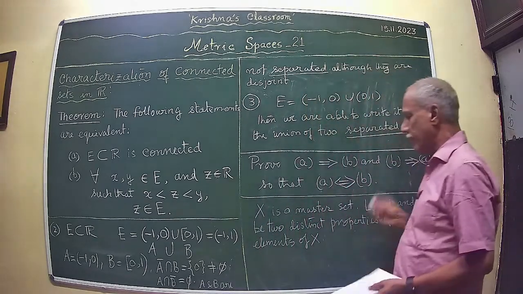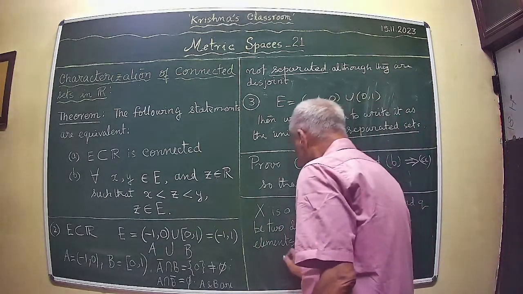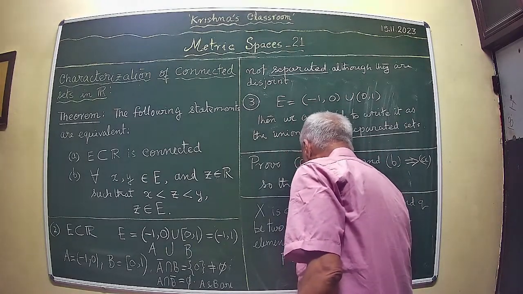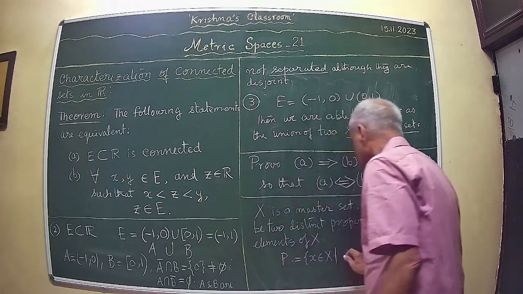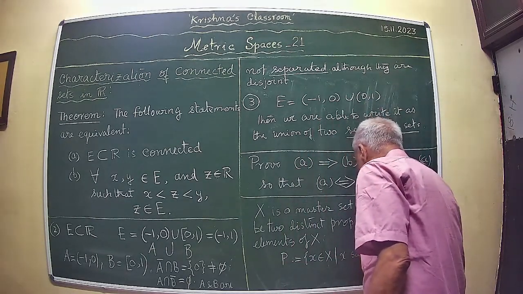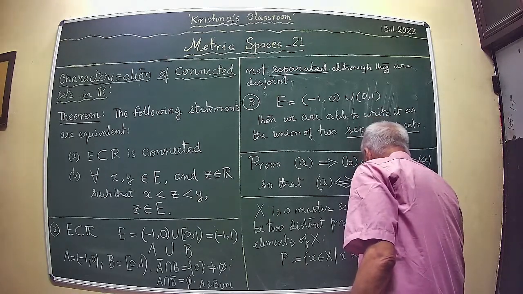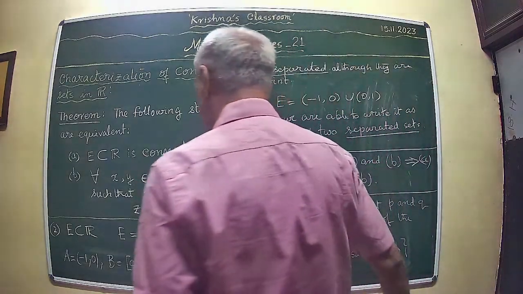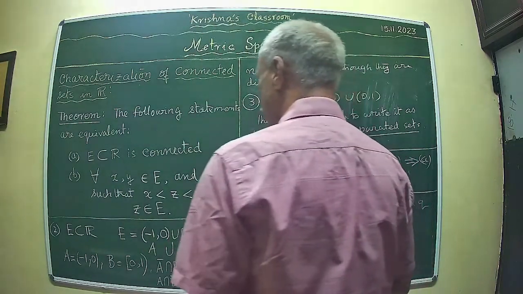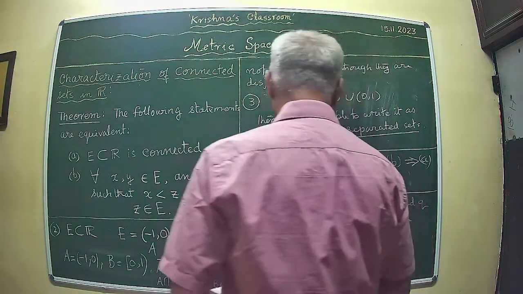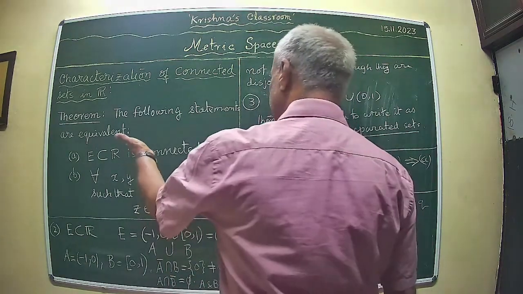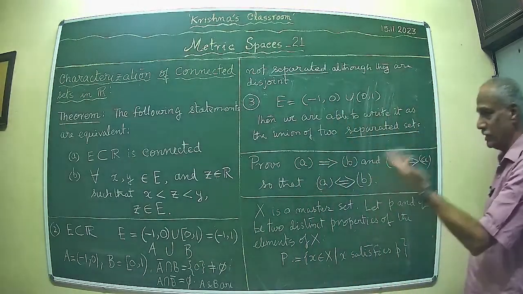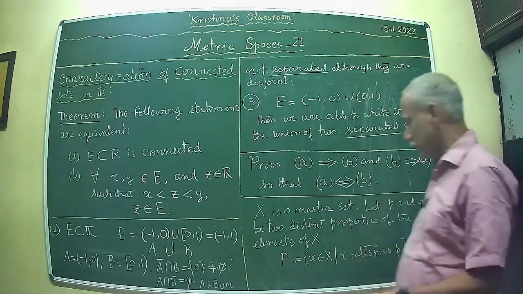So let capital P designate the set of all x belonging to X such that x satisfies P. Just like saying we are talking about subsets of R and we are making a statement that the subset E is connected. Okay, that is one statement. Connectedness we have to see.